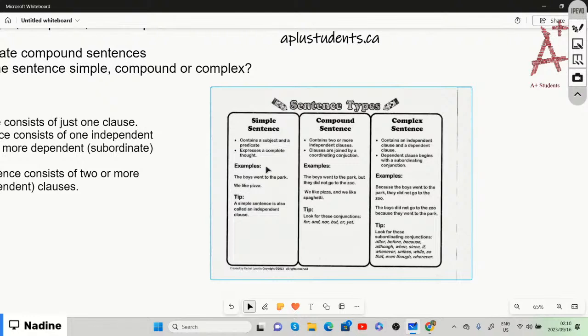It basically needs the independent clause to complete the action. And the dependent clause begins with a subordinating conjunction.